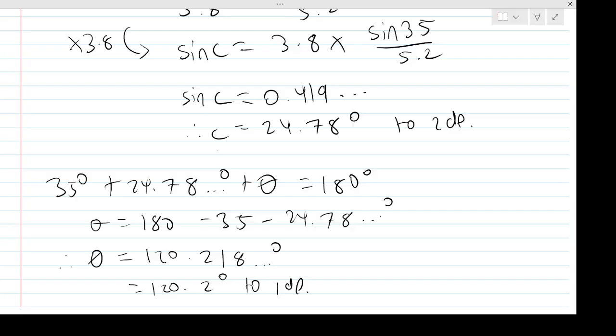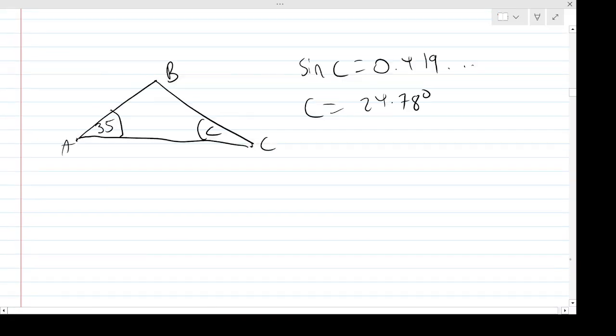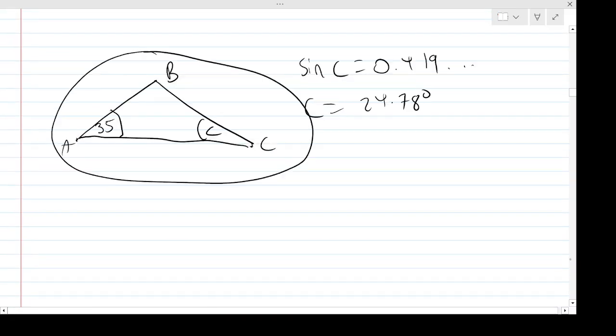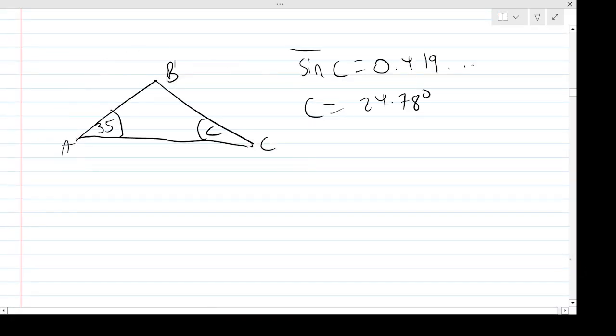So I'm going to restate that question. We had this triangle, and we got to this point for finding the angle C, and we got that angle C is 24.78. Now, why are we not getting a second solution like we said in that case?